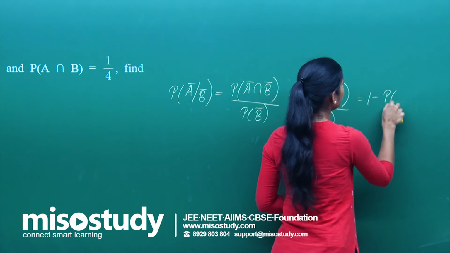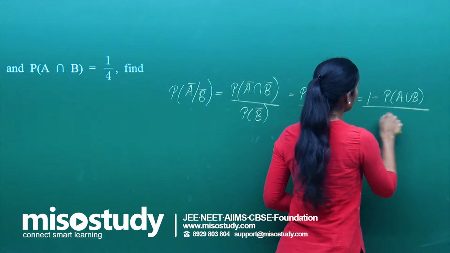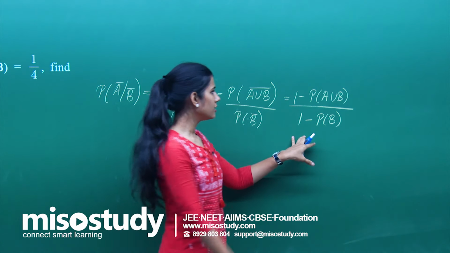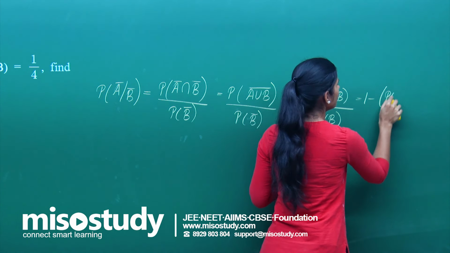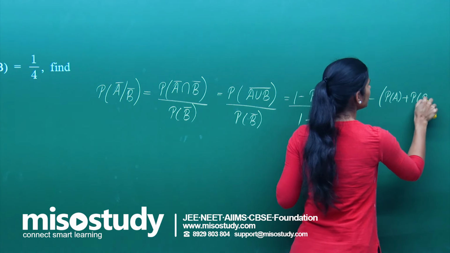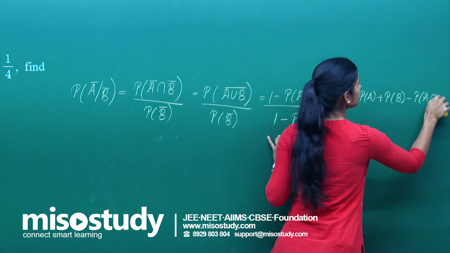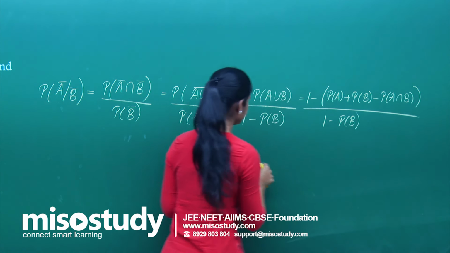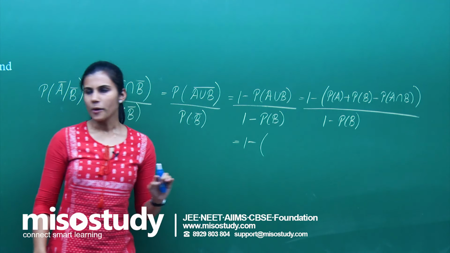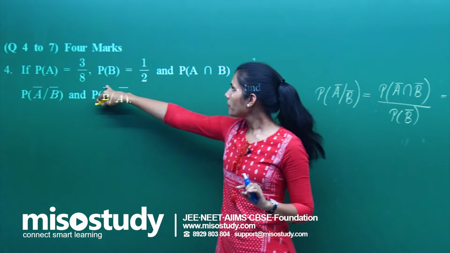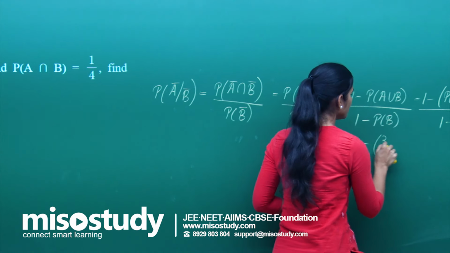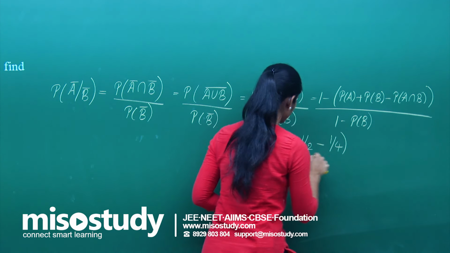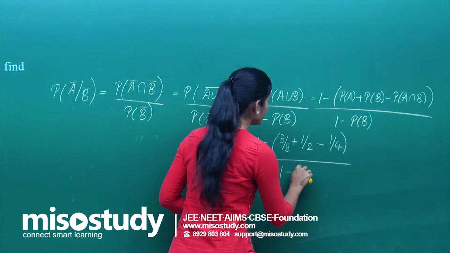This is 1 minus probability of happening of A union B, 1 minus probability of happening of event B. In here, this is probability of A plus probability of B minus probability of A intersection B, and this is 1 minus probability of B. What is this? Probability of A is given to be 3 by 8. Probability of B is 1 by 2. So you have 3 by 8 plus 1 by 2 minus 1 by 4 whole upon 1 minus probability of B is 1 by 2.